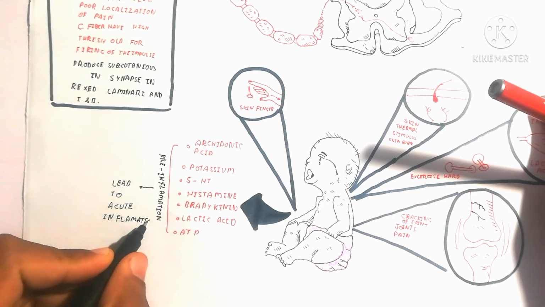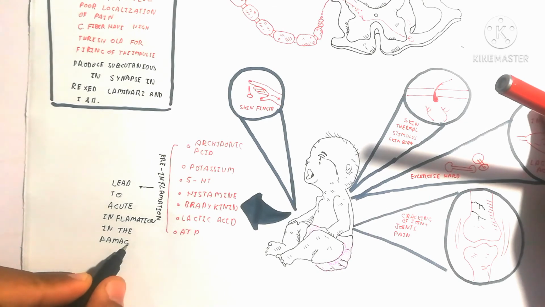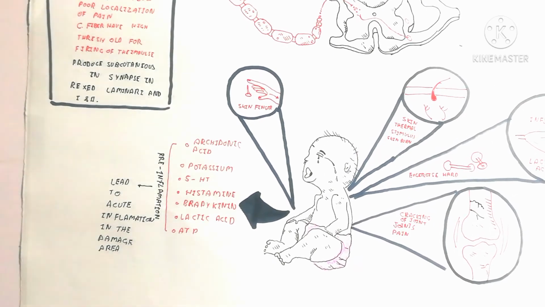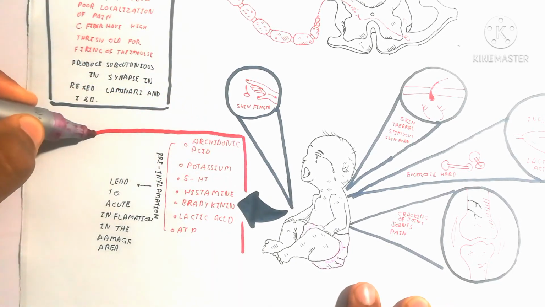The damaged area leads to more and more pain creation. This pain helps the prevention of your body and the care of yourself, and that is why pain is everything.